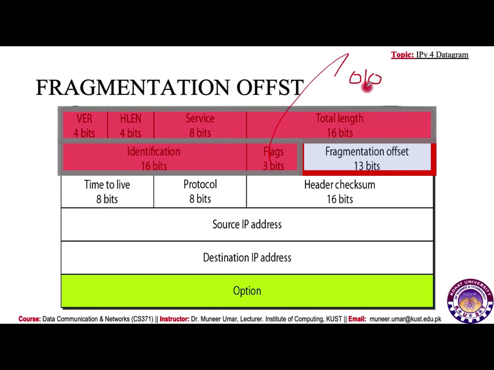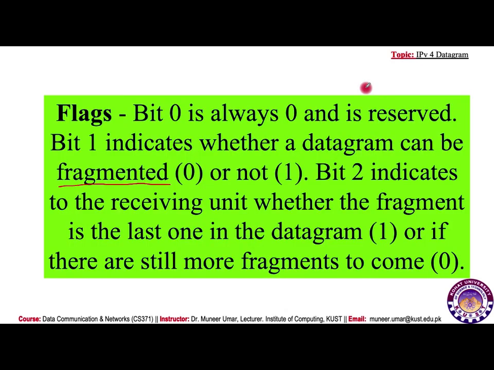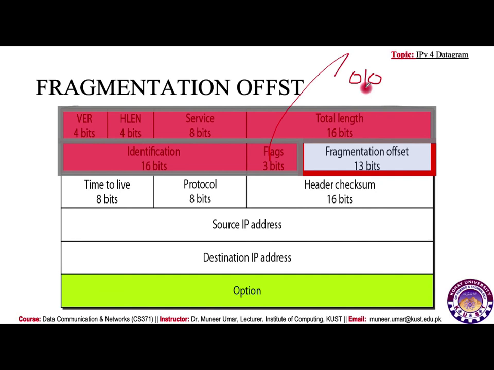So this would mean that this datagram cannot be fragmented. Now if we have 0, 0, and 1, it would mean that the existing fragment is the last fragment. Now if we get 0, 0, and 0, then it would mean that the IP datagram can be fragmented, and this one is not the last fragment.